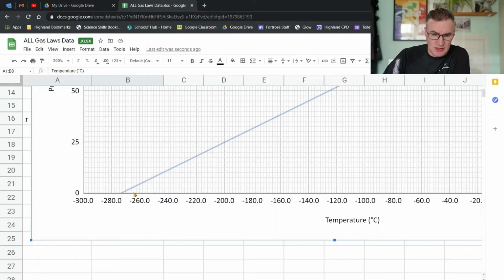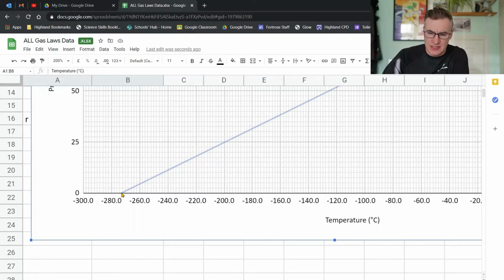So we've got 1, 2, 3, 4, 5 there, and so that is minus 270, and then minus 272, and it falls right in the middle, so minus 273. Where have I heard that number before?